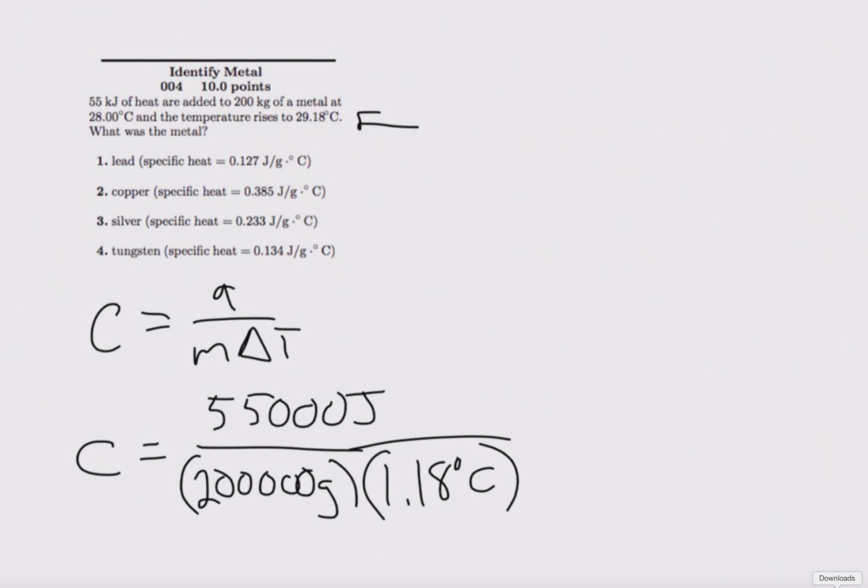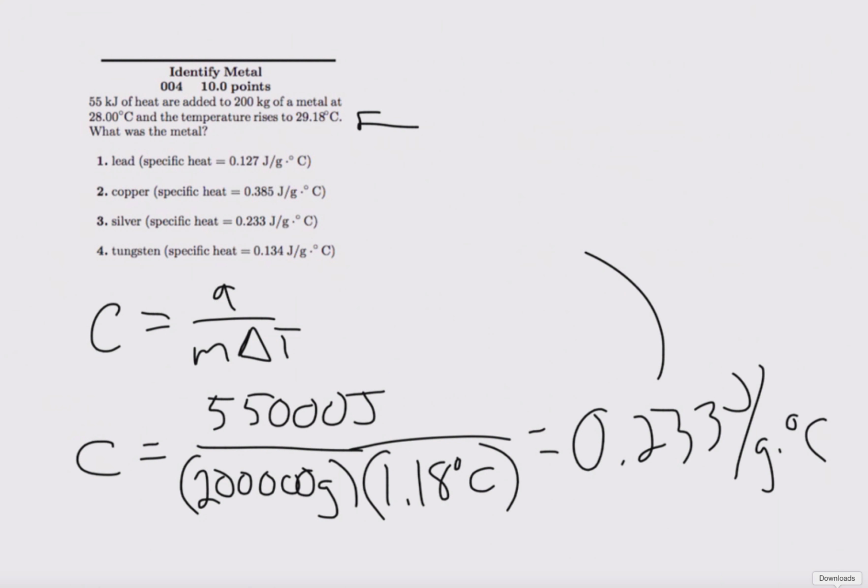And when you do all that math out, you end up with a number very close to 0.233 joules per gram per degree Celsius. And that corresponds most closely to this one, which would identify the metal as silver.